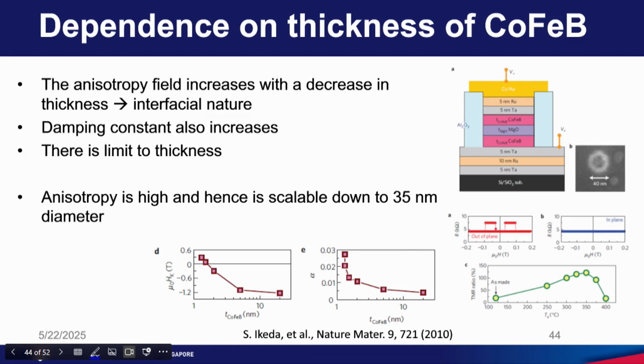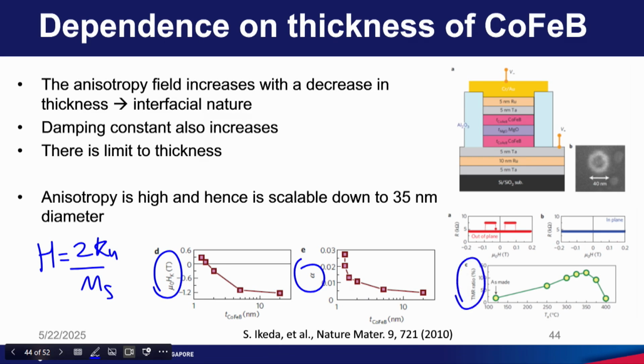Here they study many different properties, like the anisotropy field. You have learnt that the anisotropy field is 2Ku over Ms. So the anisotropy field, then damping constant, and the tunneling magnetoresistance, all these properties they study as a function of thickness of the cobalt and boron.